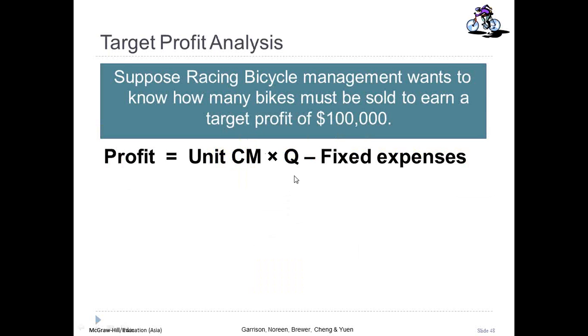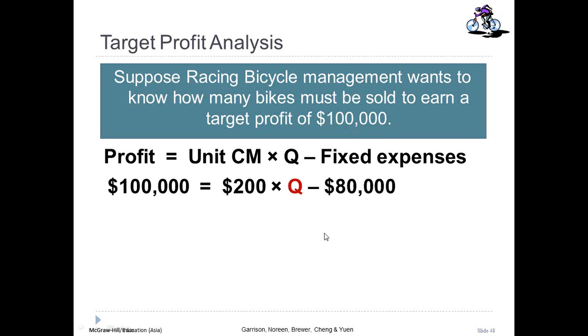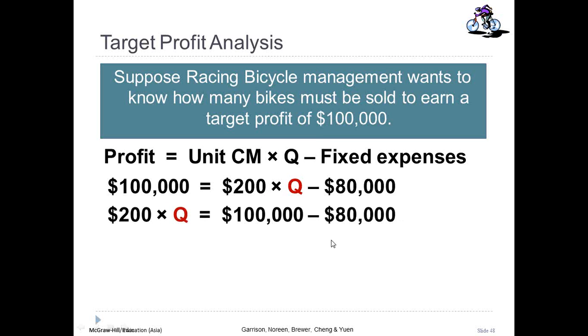So let's say we want a profit target of $100,000. We know our unit contribution margin, we know our fixed expenses. What we're after is the quantity that we need to sell. So here it is, $100,000. It's our target profit. We get $200 per bike, and we have $80,000 in fixed expenses. So do the math.